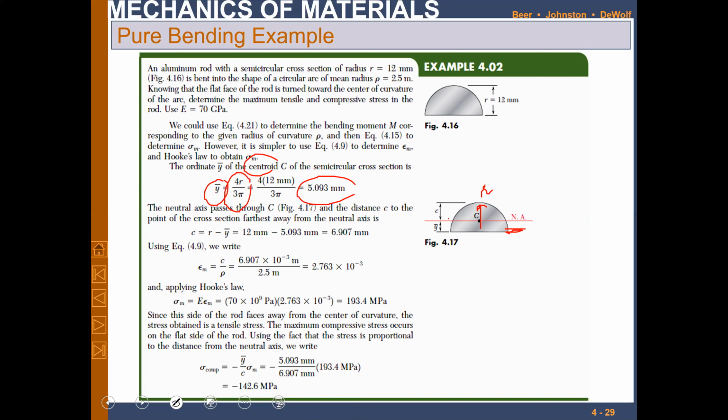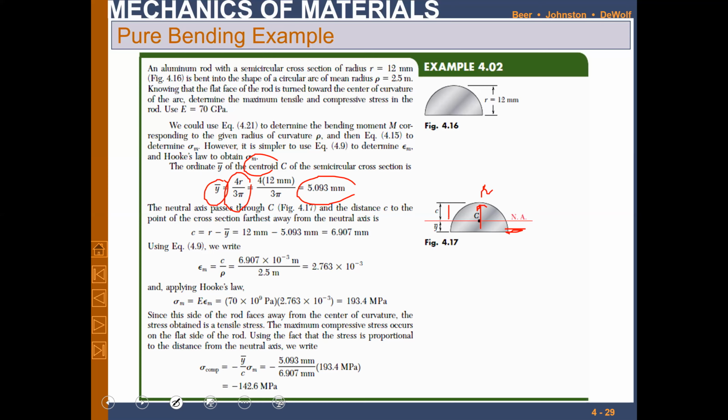You can see this is the c, right? So c is the distance at which the existing surface will have maximum normal stresses. It may be compressive or tensile, depending upon the shape.